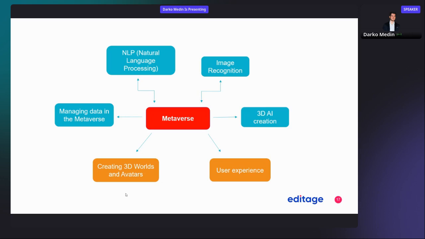So again, working with large amounts of data, working with large amounts of different algorithms requires very specific data science skills, and that is another reason why data science is so in demand, especially today.